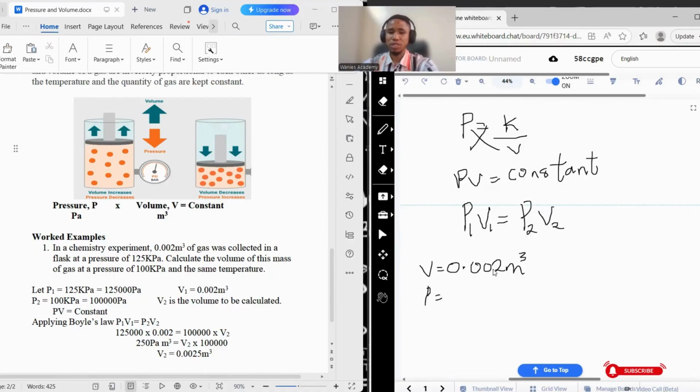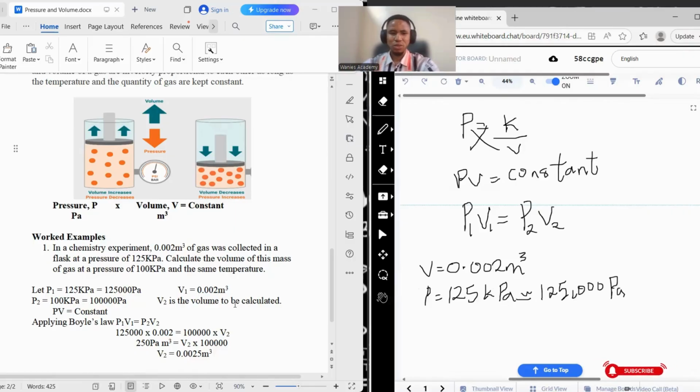And remember, pressure is measured in Pascal. So that's 125 kilopascal. What's the meaning of kilo? Kilo means 1,000. So that means we can represent this as 125,000 Pascal. Okay, so that is the first scenario.